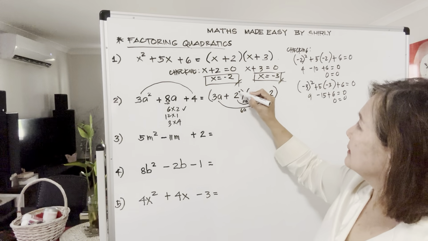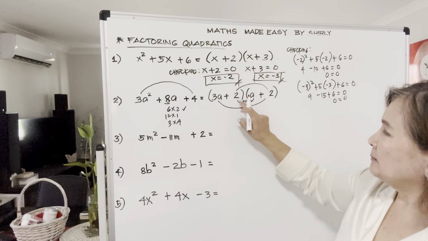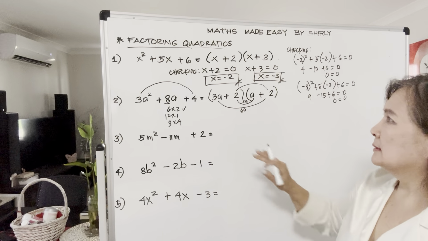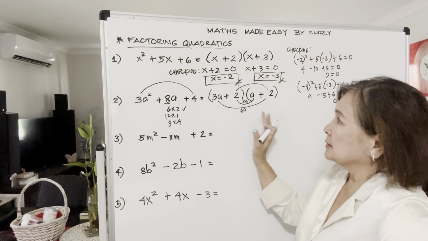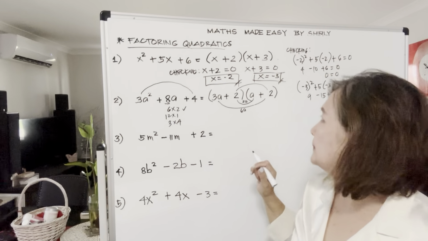And for the last term, multiplying both last terms, we have 2 times 2, that is 4. Therefore, these are the correct binomial factors of the given 3a squared plus 8a plus 4.